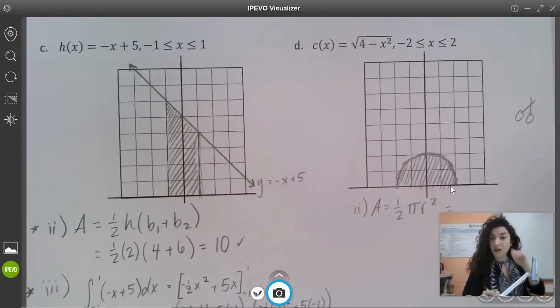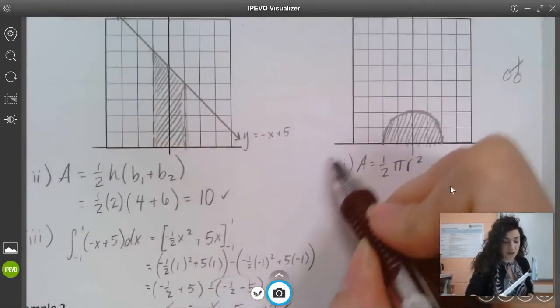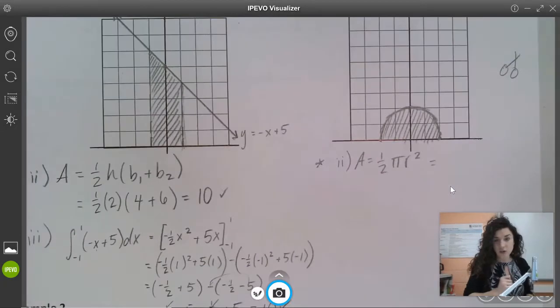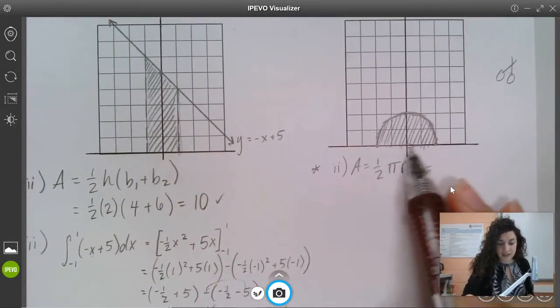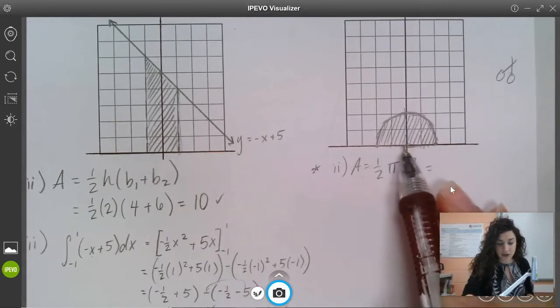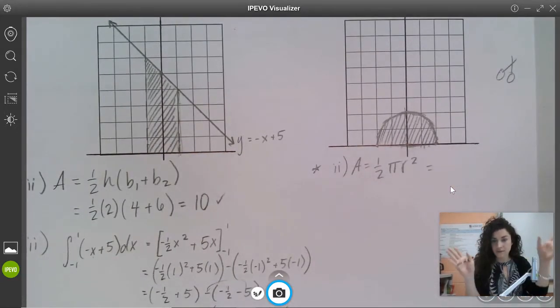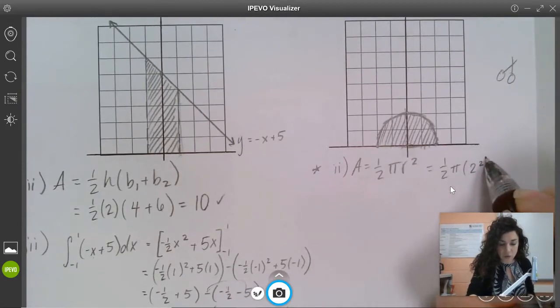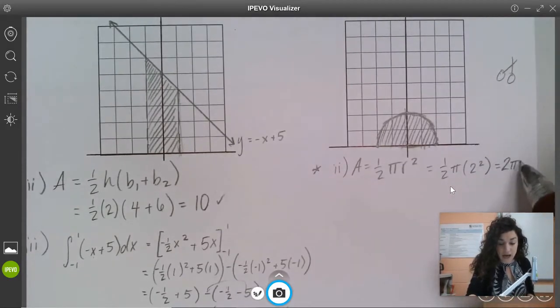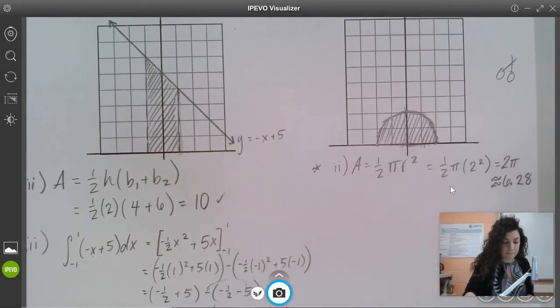So plugging in, what is the radius of this circle? The radius of this circle is 2. We start here at the center, and this is our radius. You can see that it's equal across all corners. 1/2 times pi times 2 squared is 2 pi, which is about 6.28.